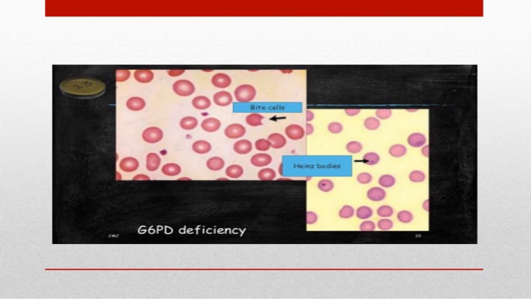So in this picture you see the bite cells. One part is bitten off. So those are called bite cells. And the other picture is that of the Heinz bodies.